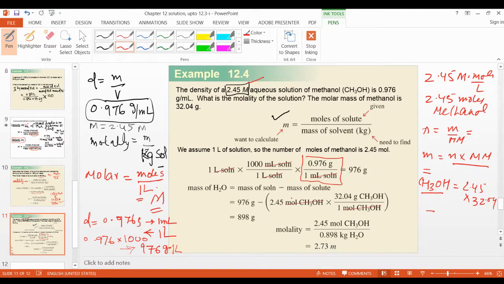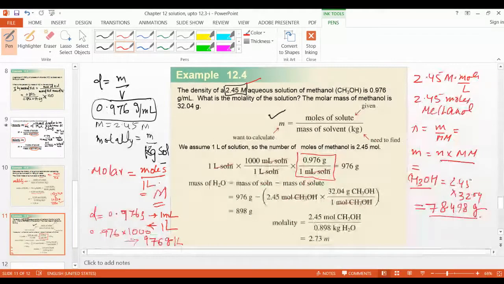What is 32.04? It is the molar mass of methanol. From where do we get this? You get the answer in grams, right?